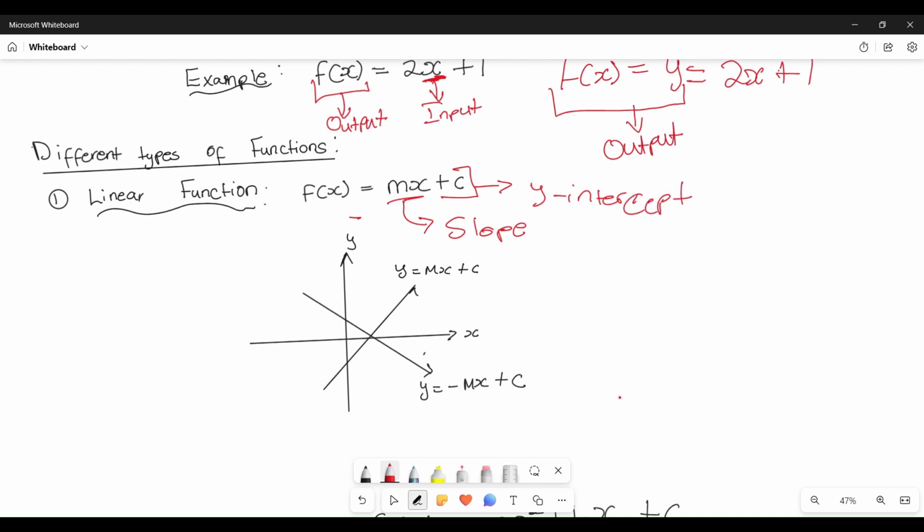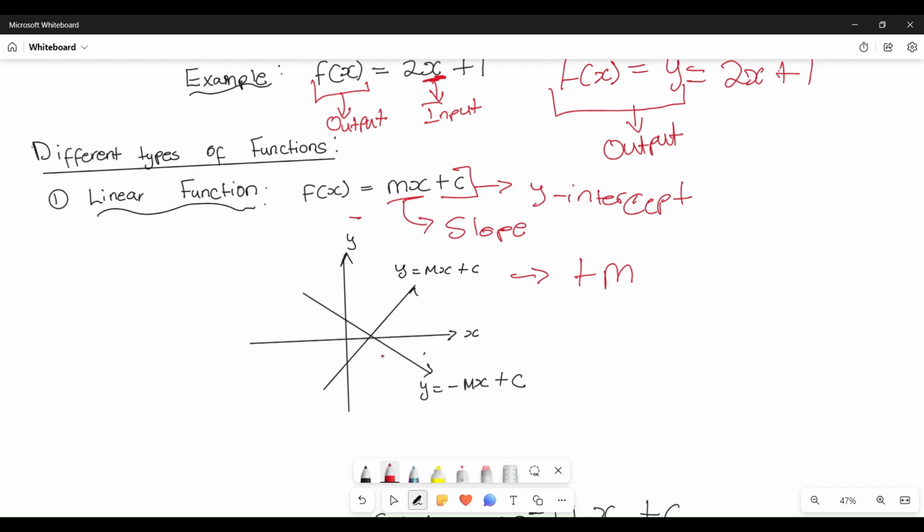Since m is our slope, m is the one that determines the shape of our graph.